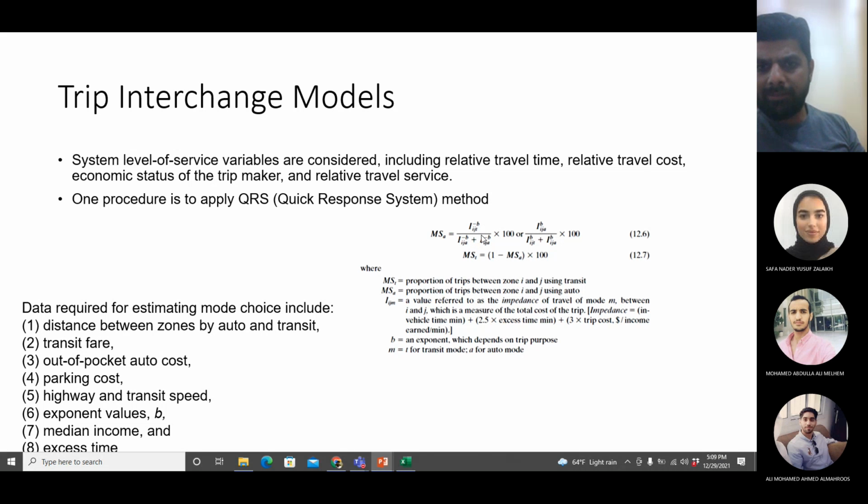To calculate them, basically we need these I values and this B superscript. So what is this I? Impedance of travel mode. Impedance meaning resistance.